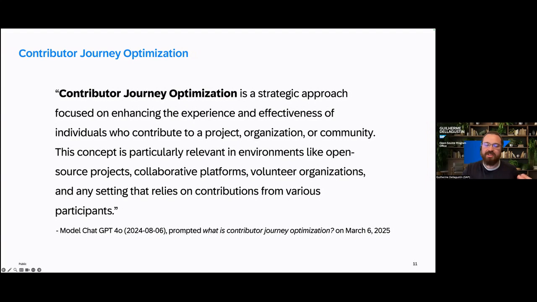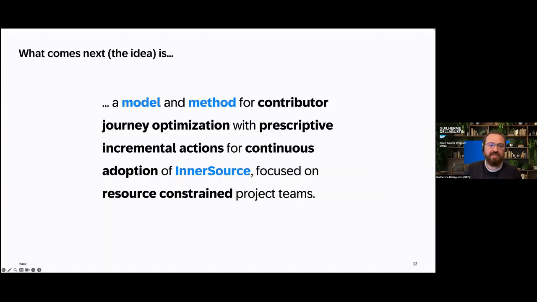But what I am actually working on and going to present is a model and a method for contributor journey optimization with prescriptive incremental actions for continuous adoption of inner source, focused on resource-constrained teams and projects. So it's a subset of that description I showed before, but I'm still going to use the name, at least for now, because I don't have a better name that represents only this model and this subset. So it's a work in progress.